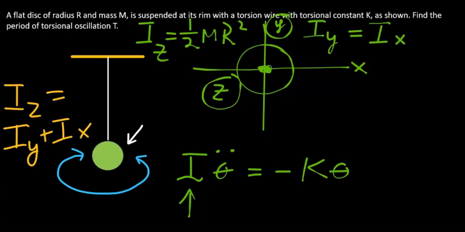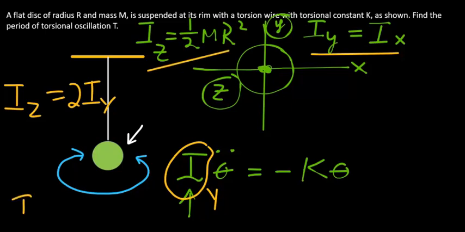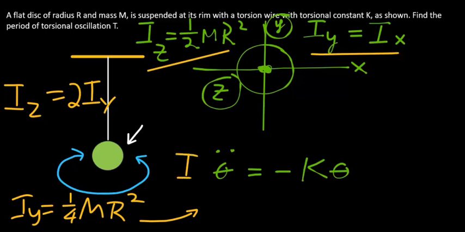Since Iy equals Ix, and this I here refers to Iy, this equation can be rewritten as Iz equals 2 times Iy. But Iz is that. So what that means is Iy is 1 over 4 M R squared. Substituting Iy in here will give us the following. 1 over 4 M R squared theta double dot equals minus K theta.